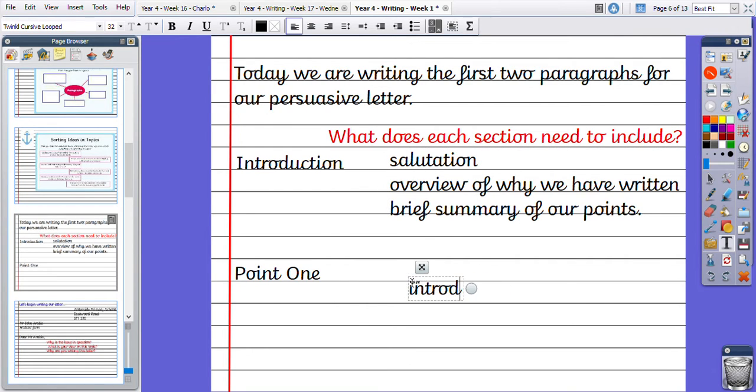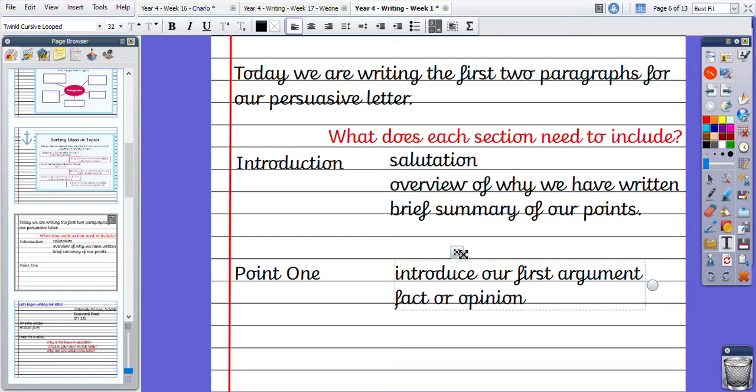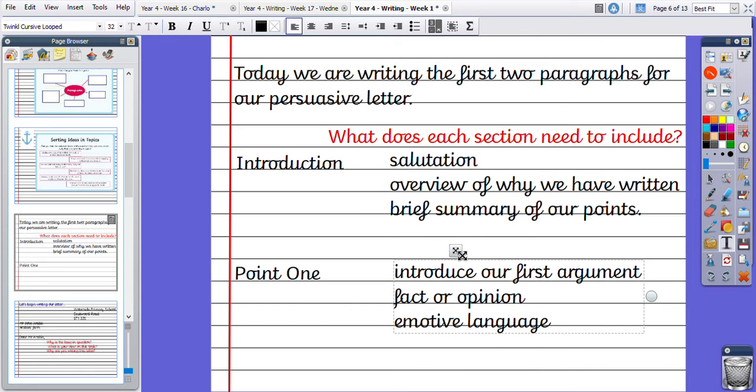Okay, we need to introduce our first argument, so our first statement. Then we could give some sort of fact or opinion to support this idea. And then we need to use lots of emotive language, don't we, which we worked on yesterday to try and persuade Mr. Arable to think the same as us.